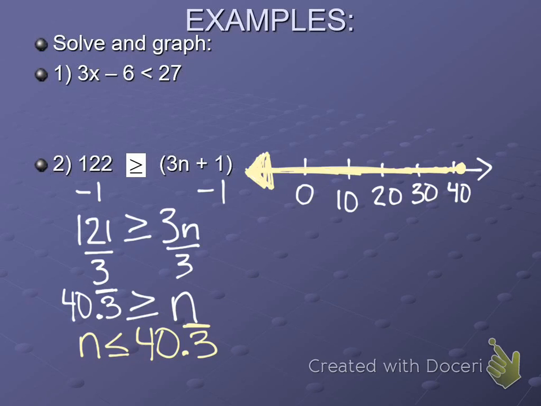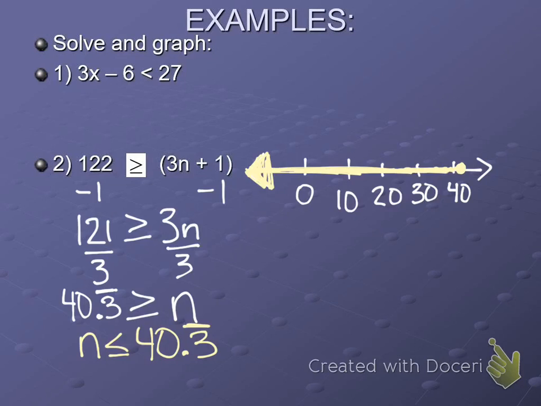Another way to check this would be to pick a point in your shaded space and plug it in. A point in your shaded area should make the statement true. For example, we could pick 0. The 0 is in our shaded space. If we plug 0 into either of these, the original one or the one where we flipped it around, we should get a true statement.